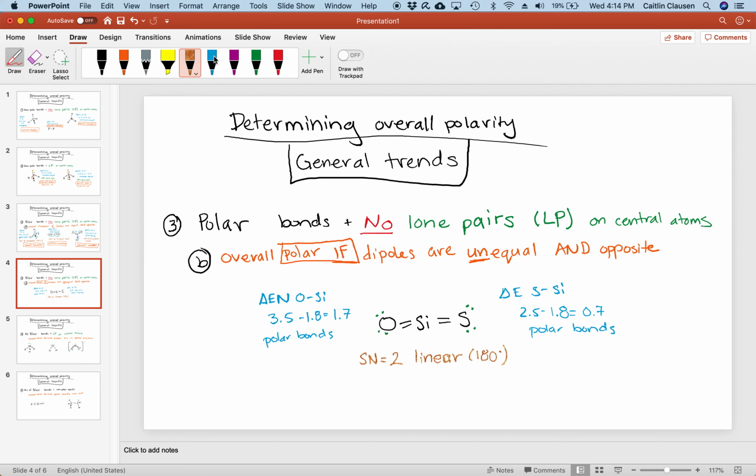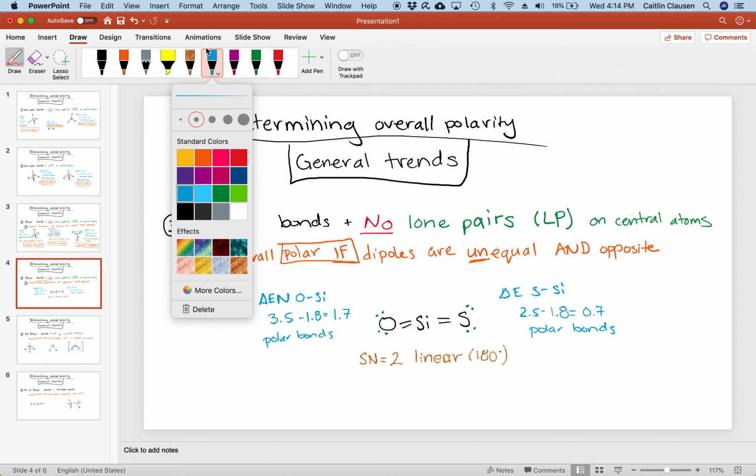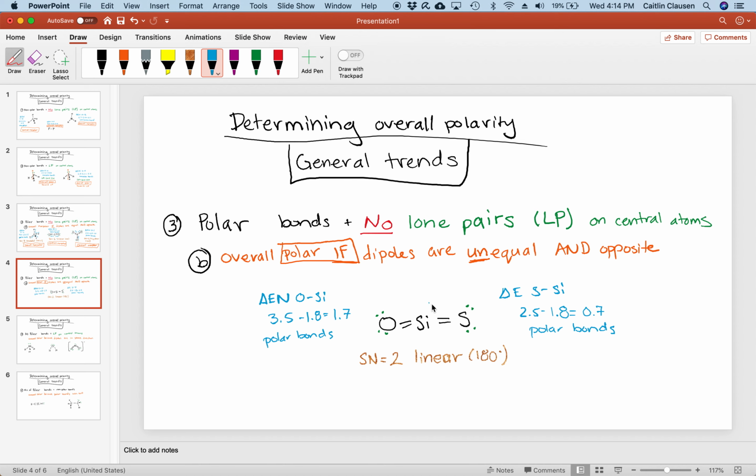So that means my vectors are going to be in opposite directions, except now they are unequal. My vector towards sulfur needs to be smaller than my vector towards oxygen.